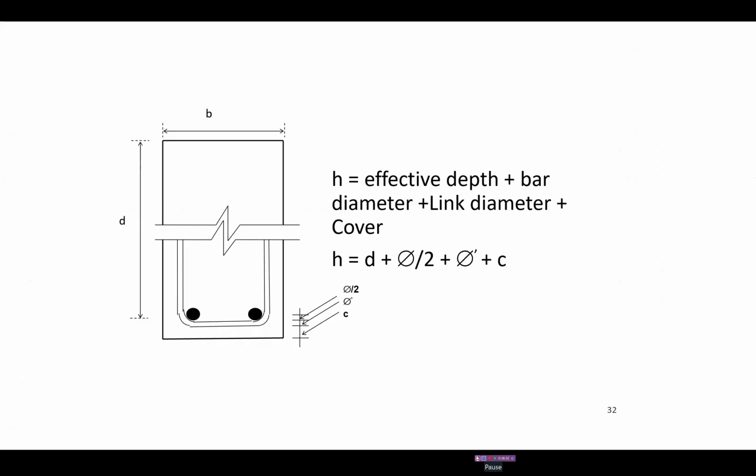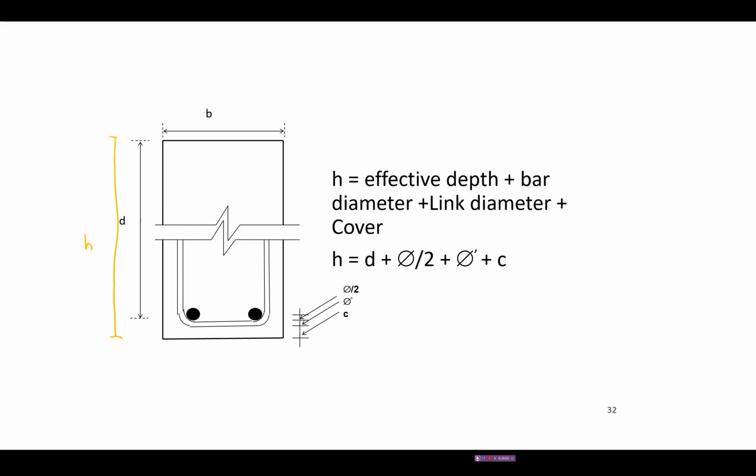If you look at your own notes, and I think in page 32, you can see this is the cross section of the beam. H means that from the very top up until the bottom here, this is H. Okay.